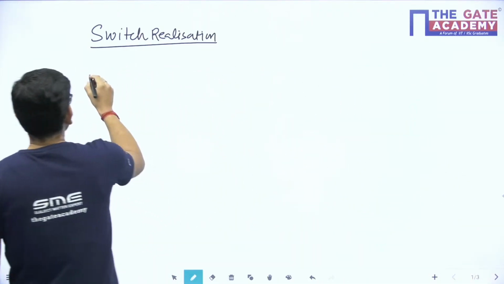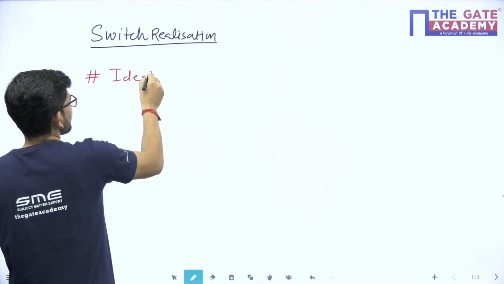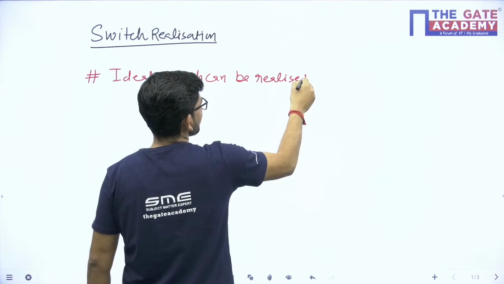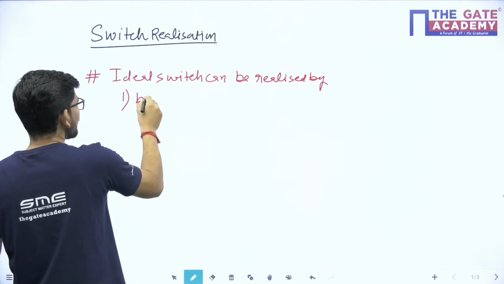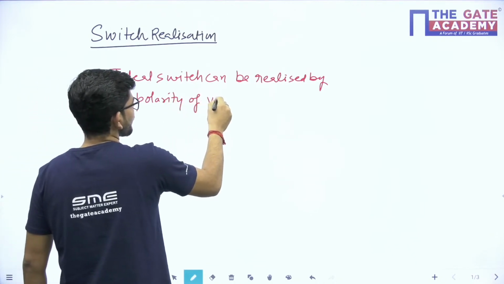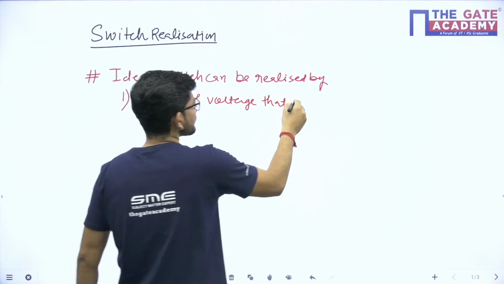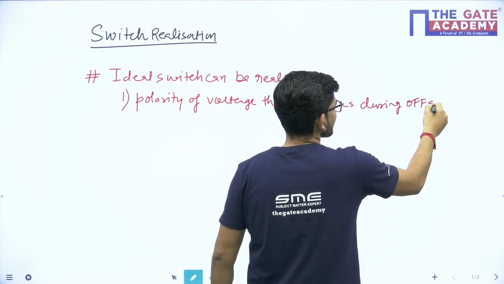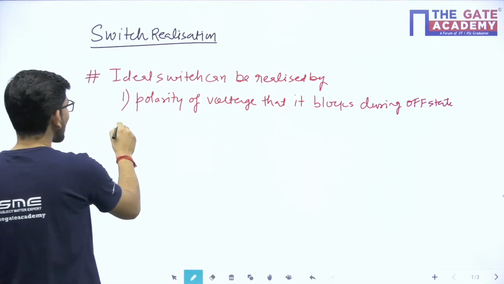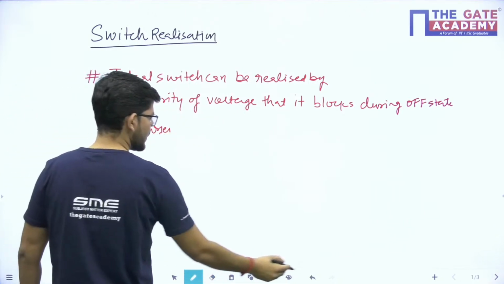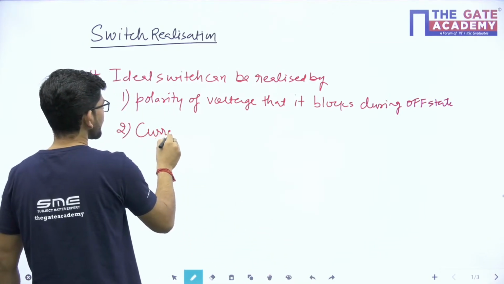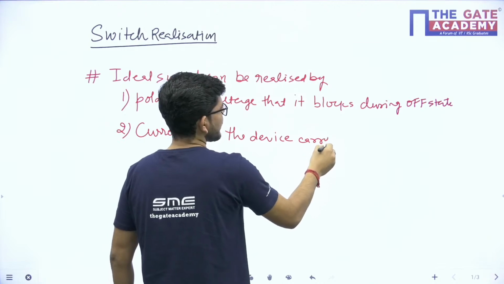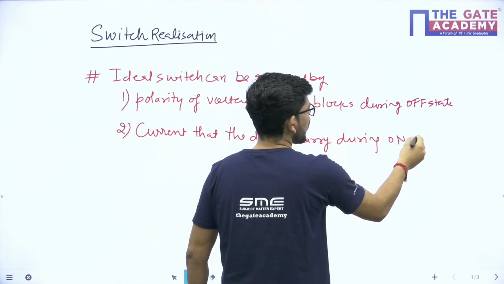So an ideal switch can be realized by the polarity of voltage that it blocks during off state, and the second important thing is the current that the device carries during on state.